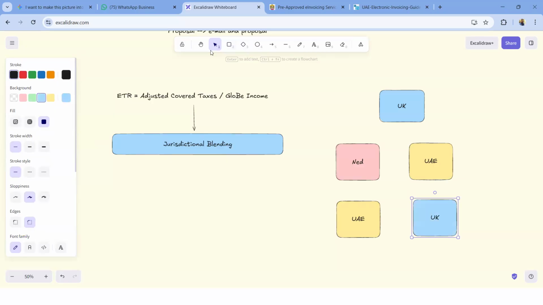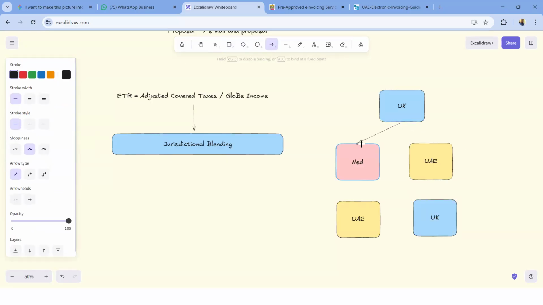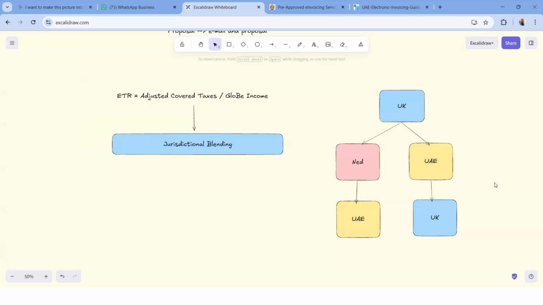So am I an MNE? This person is holding 100% of this, and this person is holding 100% of this, and this person is holding 100% of this. So you tell me, am I an MNE group?